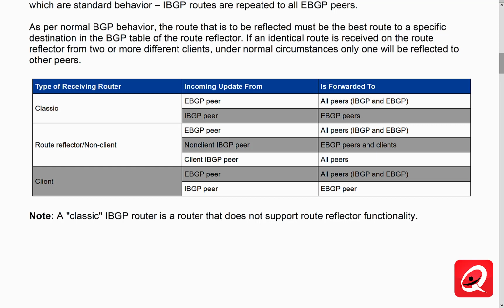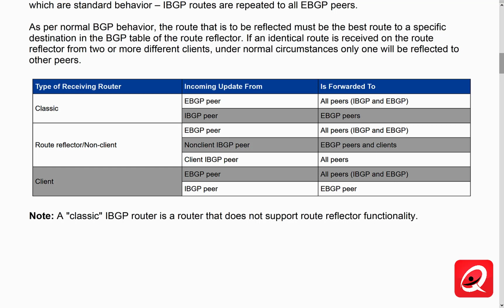Because if you think about it, that would be a scenario in which the clients are acting as kind of like, I don't want to say that they're eBGP, but they kind of act like that in the sense that it's safe to repropagate that routing information to other clients. If I'm a client and I'm receiving a route from an eBGP peer, basically I can forward that to anybody.